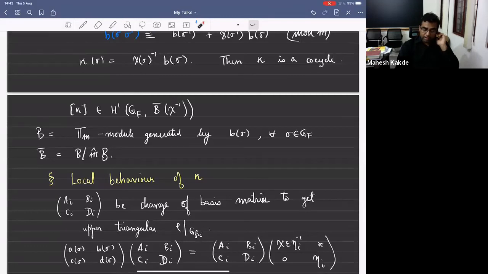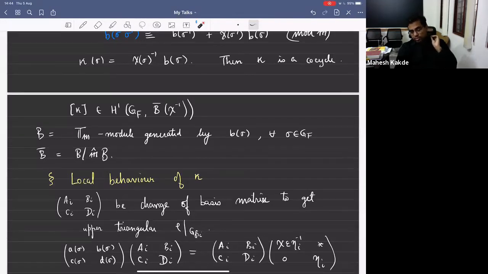So you have this kappa that Dasgupta, Darmon, and Pollack also had. And from this kappa, they just constructed a cyclotomic class. Remember, they are in the r equal to 1 situation. So in that situation, they just construct a cyclotomic class, and the cyclotomic class has to take values in E times chi inverse, right?